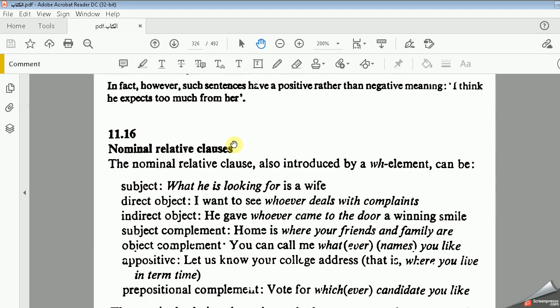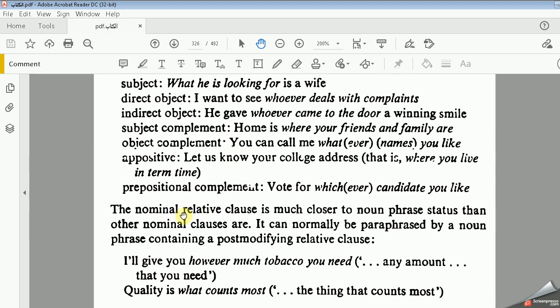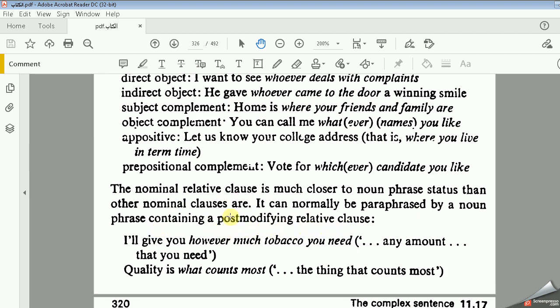Another point that should be noted is that the nominal relative clause is much closer to noun phrase status than other nominal clauses are. It can normally be paraphrased by a noun phrase containing a post-modifying relative clause. This is important.